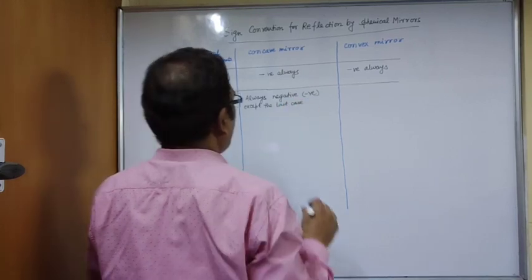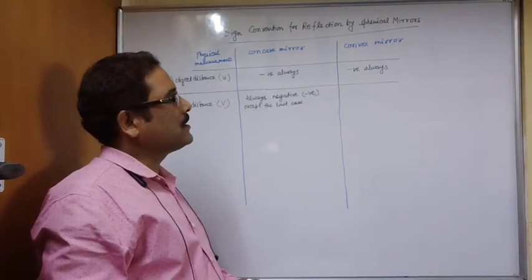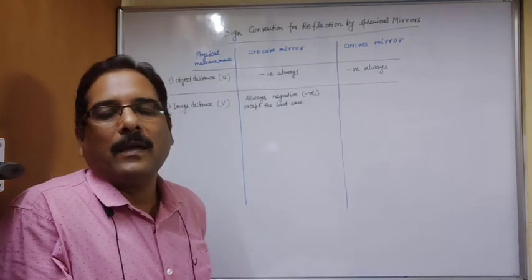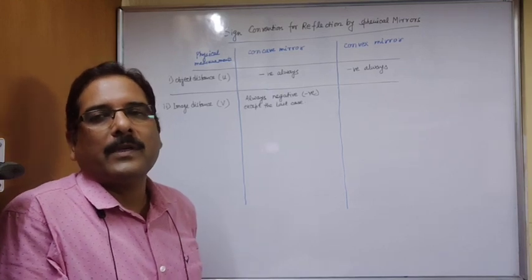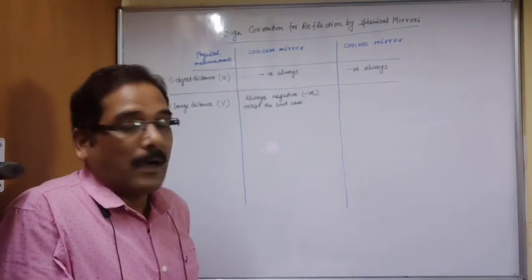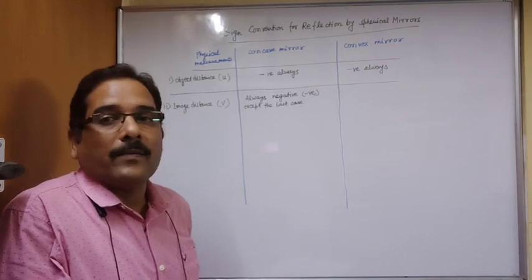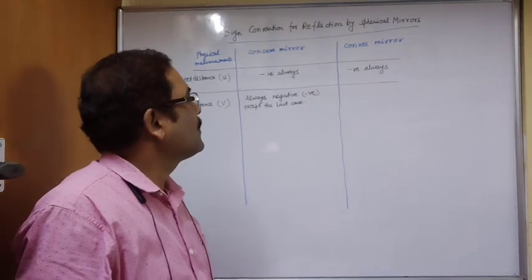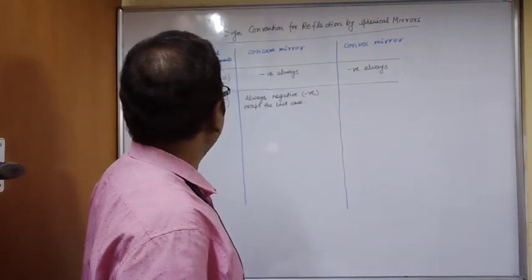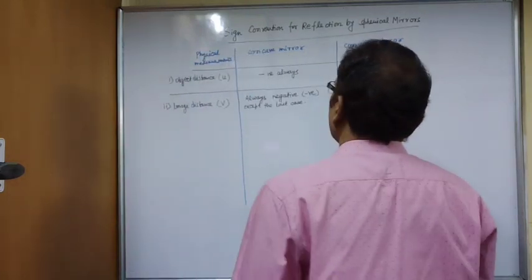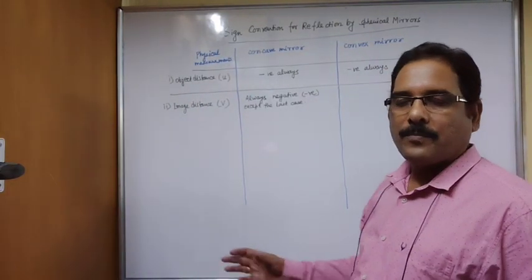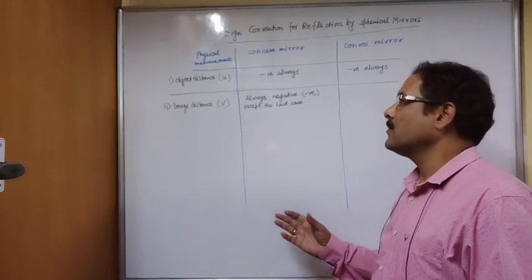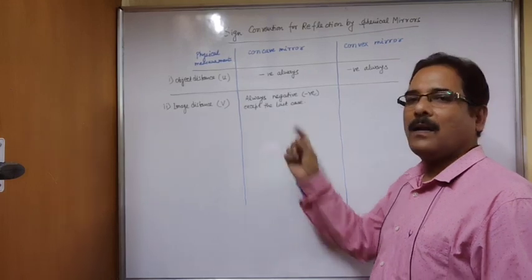In the last case only it is positive, because in all the cases when object is at infinity, beyond C, at C, between C and F, at F, we are getting real inverted image towards left of the pole, isn't it? But in the last case, when object is between P and F, we are getting virtual and erect image towards right of the pole. That's why written except the last case.